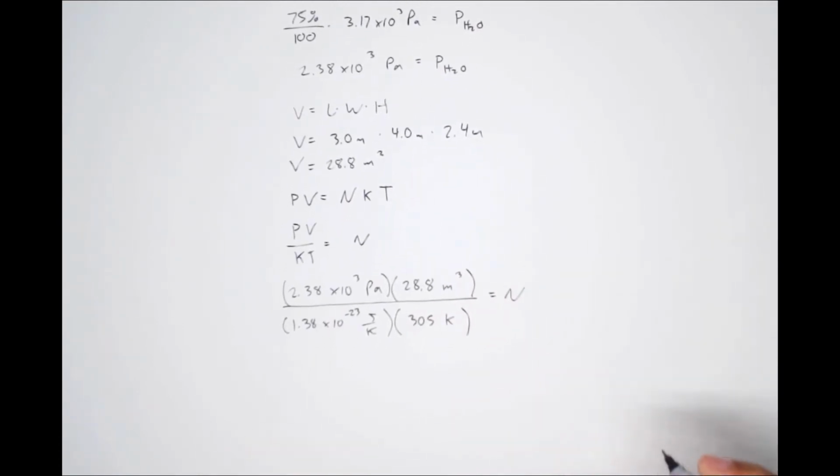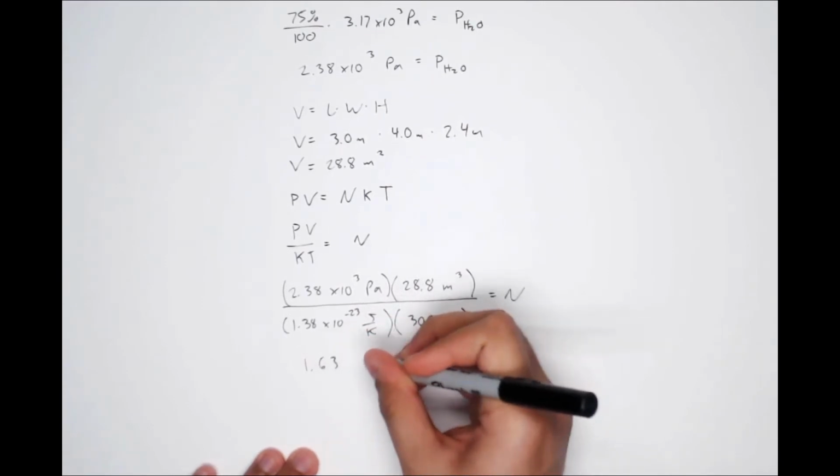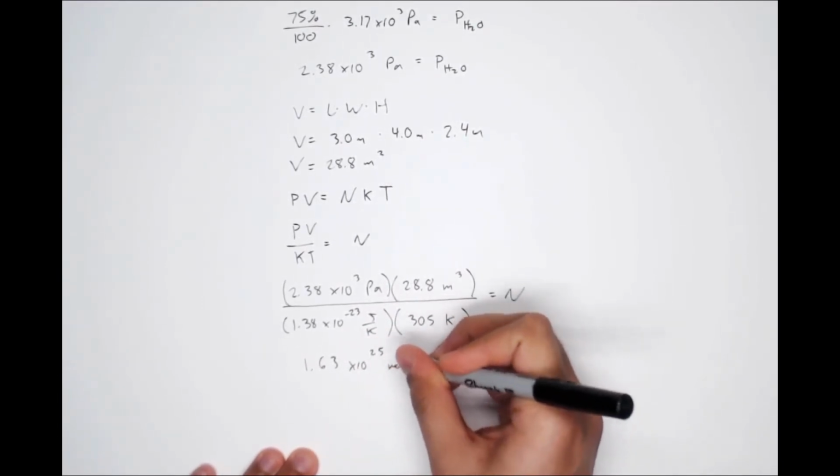That should be the number of molecules. We can do that math, and this is going to come out to 1.63 times 10 to the 25 molecules for N.